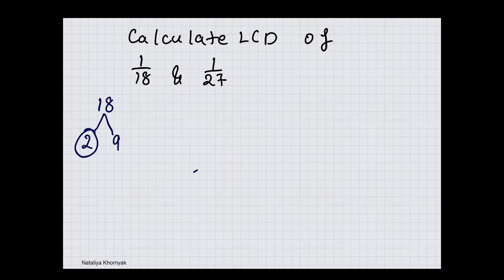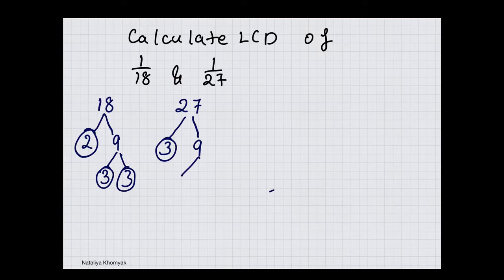Then we can say 9 is 3 times 3. We got our 3 prime factors of 18. Let's do the same for 27. So 27 can be written as 3 times 9. 3 is a prime, we circle it. 9 is 3 and 3.